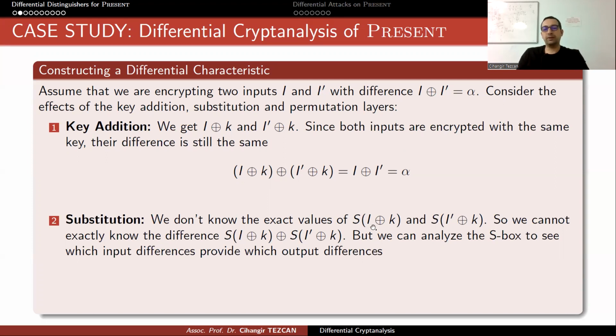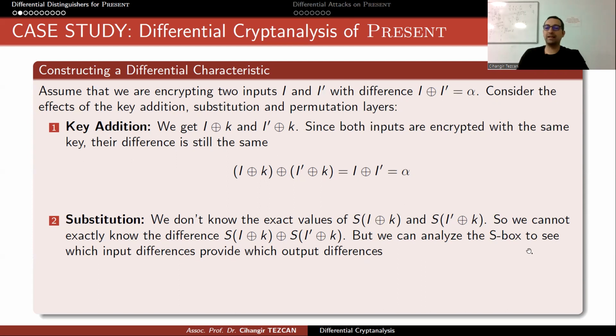One of the inputs for an S-box will be I XOR K, and in parallel, we are encrypting something else, and that input is I prime XOR K. Since we don't know these inputs exactly, we don't know what the output will be when we perform the S-box operation, right? So this is a huge problem. We cannot exactly know the difference of S of I XOR K, XORed with S of I prime XOR K.